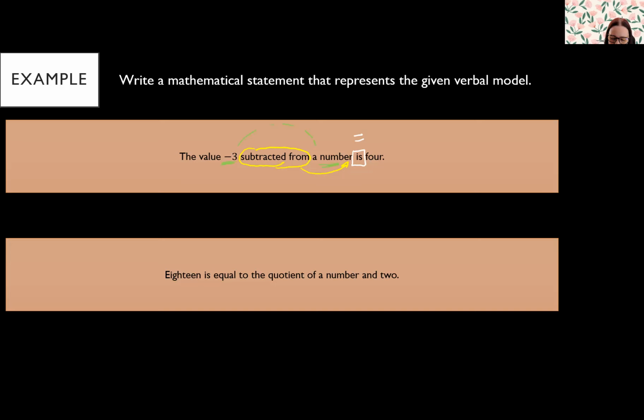They get flipped when you see that subtracted from. So instead of having -3 and then a number, which I can call n, we're going to have the number first, then I'm going to subtract, and then -3. I'm putting the -3 in parentheses because when you're subtracting a negative, it's good to put the negative in parentheses so that you don't accidentally lose negative signs.